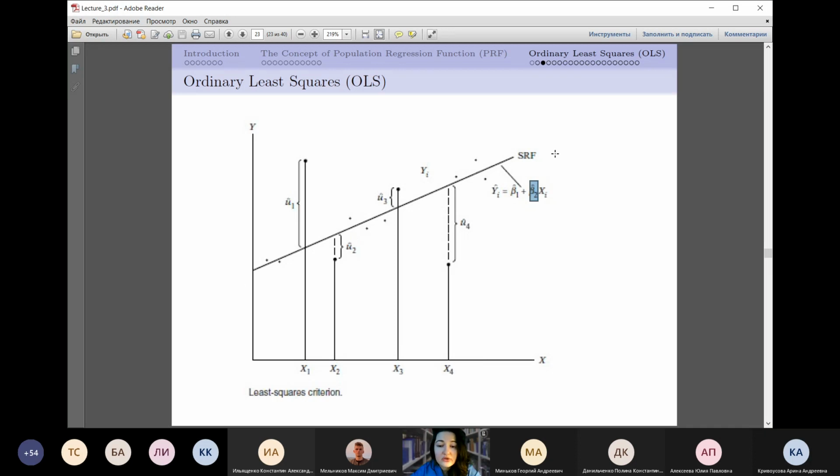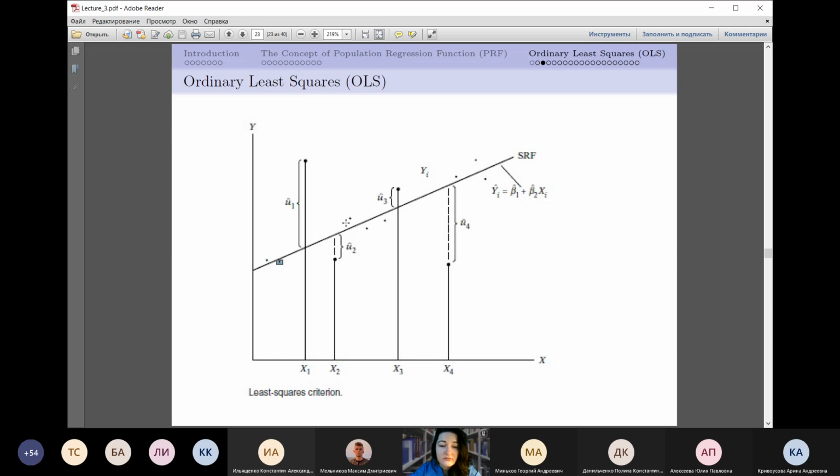Of course, we want to determine this line in such a manner that it will be as close as possible to the actual observations, to these points.